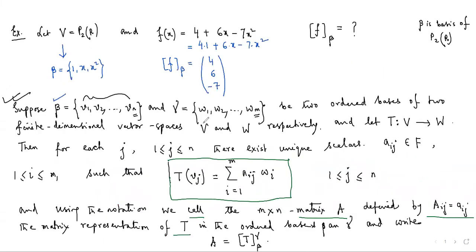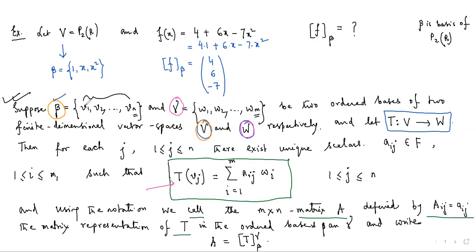So now you just look at this definition. We had two vector spaces V and W. We need a linear transformation from V to W. We have found a linear transformation from V to W. We need a basis beta for V. We need a basis gamma for W. So everything has been found over here. And now what they are doing, carefully observe.